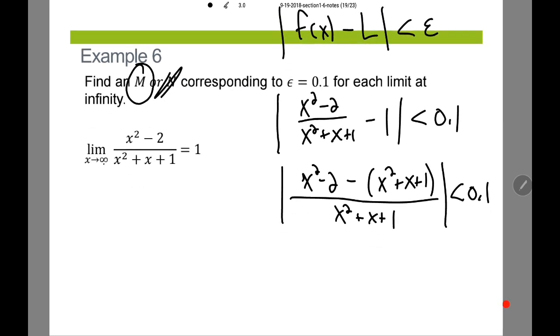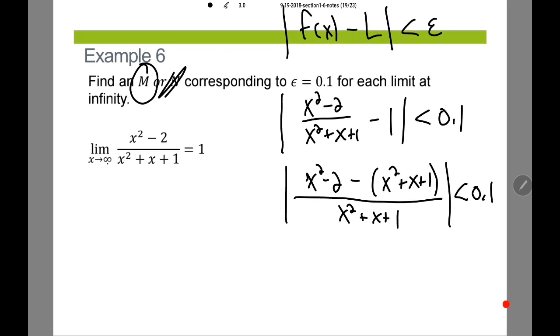Now, we got to keep going, so we can do minus x squared from the x squared. We got a minus x. Alright, so I'm just going to take these away from the things that I can do from. I got negative 2, and I can minus 1 from that and get minus 3.